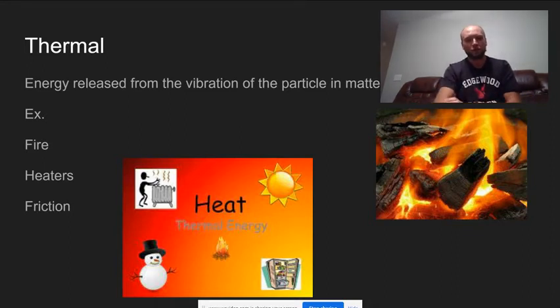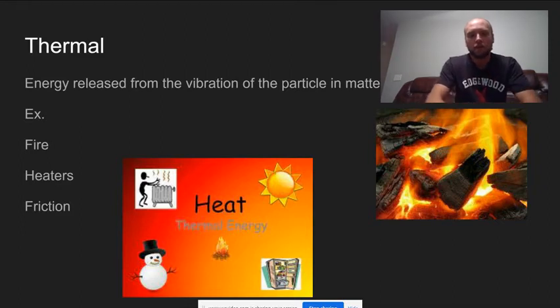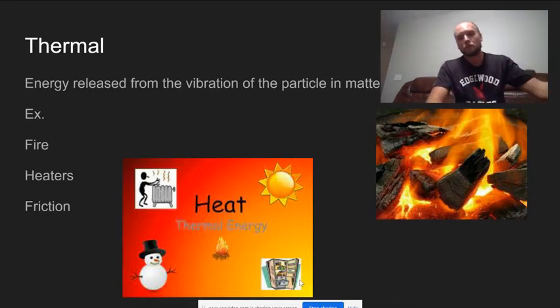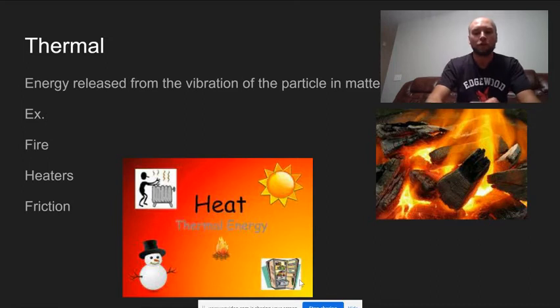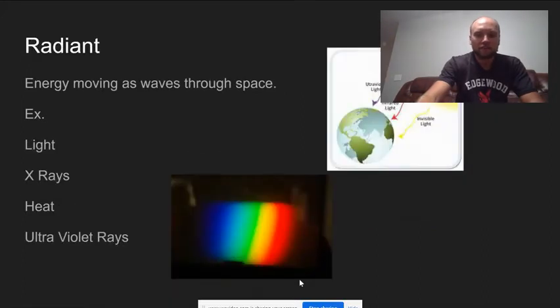Like my arm just feels warmer after that because it rubbed up against it. Another thing that can go with thermal energy is also cooling. So not only do we have an increase, but also decreasing the amount of heat that we have. So that's thermal energy. Make sure you have examples and pictures written in. Then we have something called radiant energy.